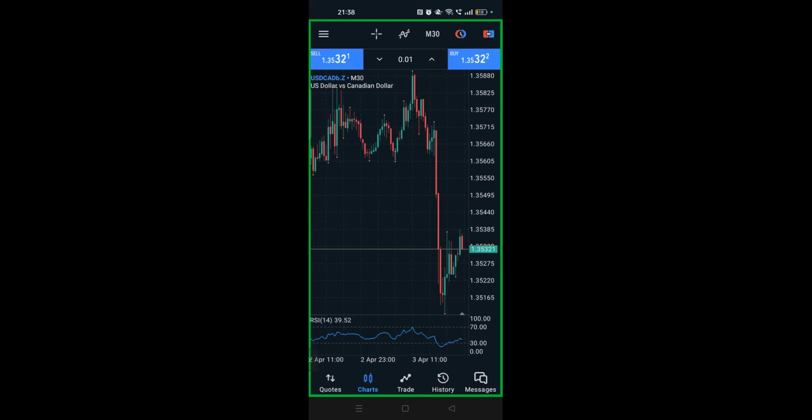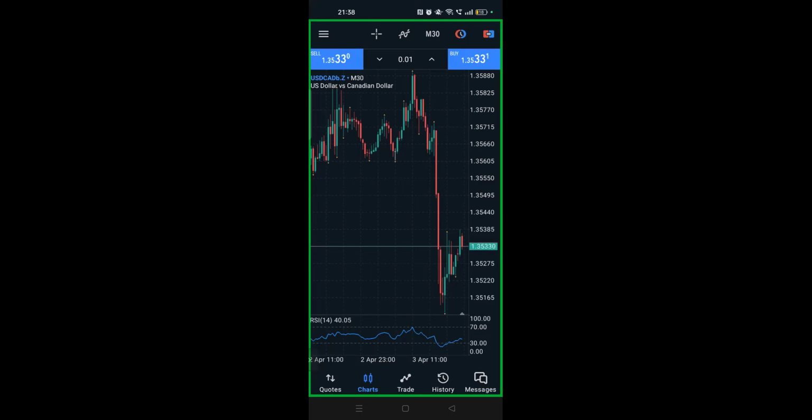It's currently 1.35321, right? So these are things you can do. On the chart, you can do analysis. You can project, see the structure of the market, and then also make an execution. You can buy or sell on the chart.